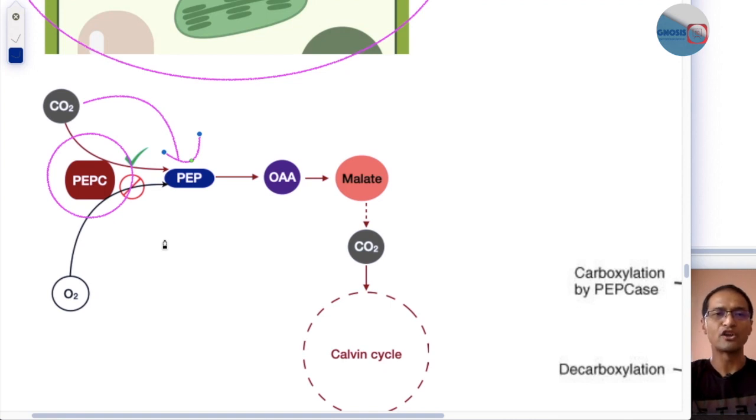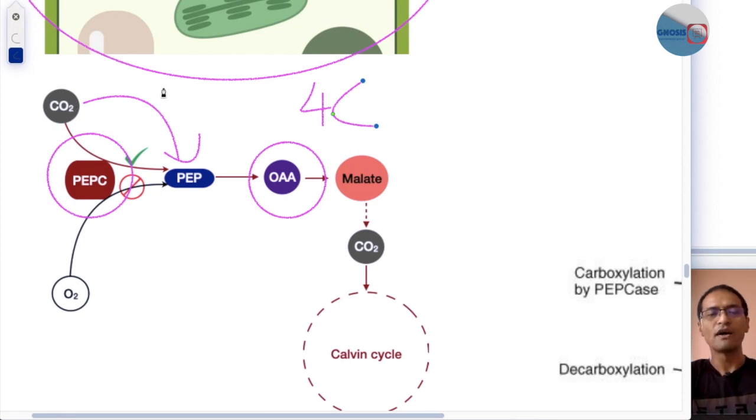So here, once your carbon dioxide is bound to PEP or phosphoenol pyruvate, you have the formation of a compound called oxaloacetate, and this oxaloacetate is a 4-carbon compound, which is a stable product of this process of carbon dioxide fixation.